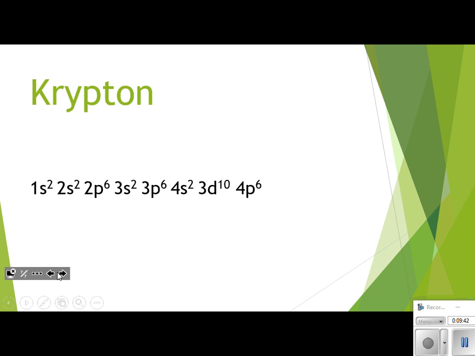Now, why I wanted to show you this is because what is my valence level? What is my valence level? 4. My outermost energy level is 4. See how we've got 3d sandwiched in there. Remember, when we're doing electron dot notation, we are only dealing with main group elements. So are the d's the ones that go in there?